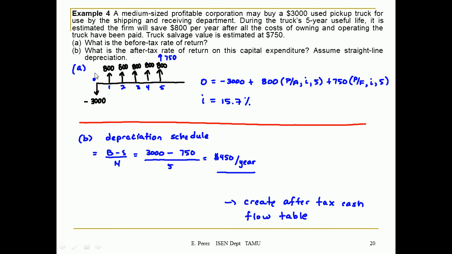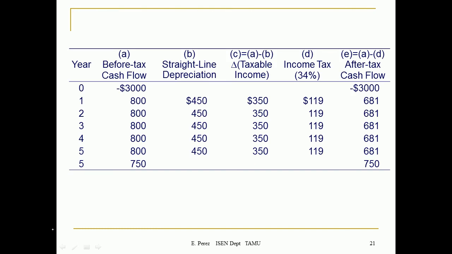And that is shown in the next slide. Okay? So we're going to assume that for a medium-sized profitable corporation, the income tax rate of return is 34%. So let me make a note here.